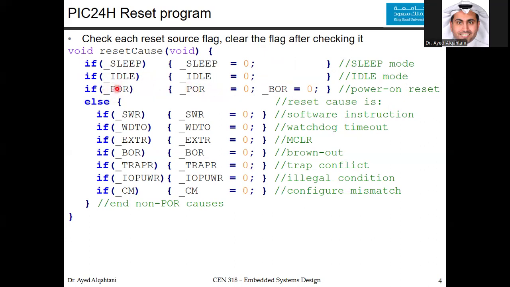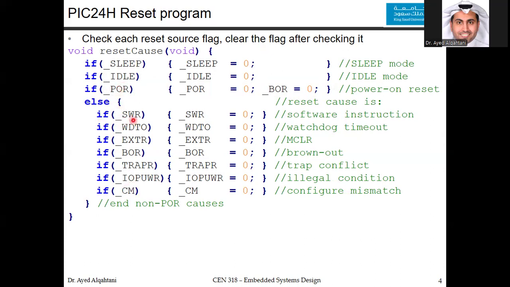This is called the power on reset, and we will reset both flags, the power on and the brownout reset. This is the main source of a reset. There are other sources that are of a lesser rank than the power on reset.